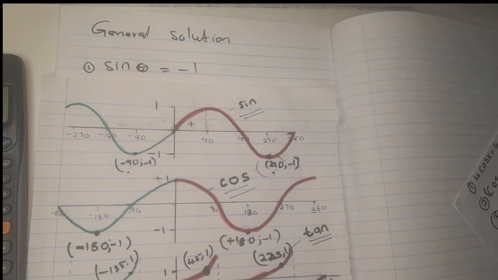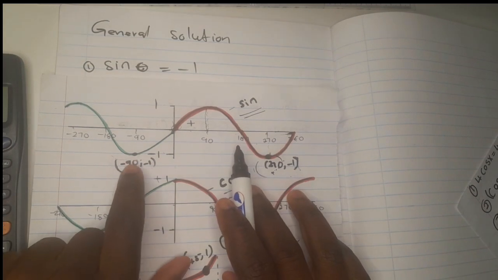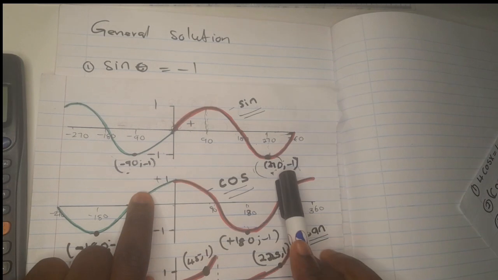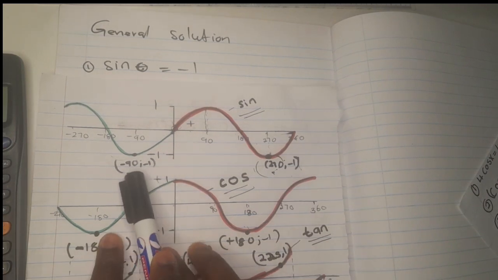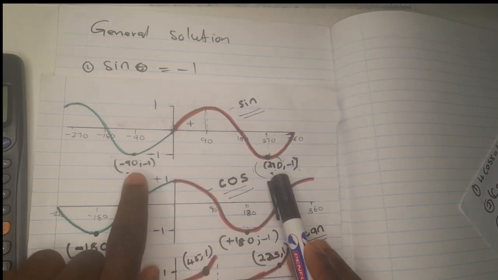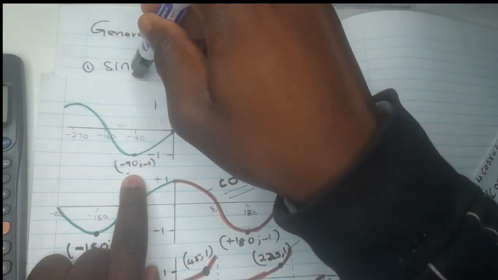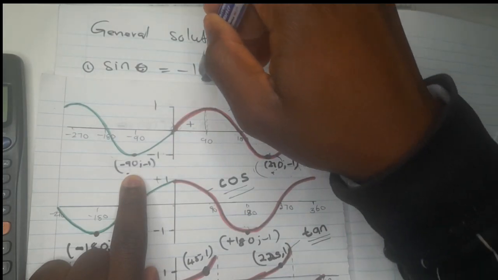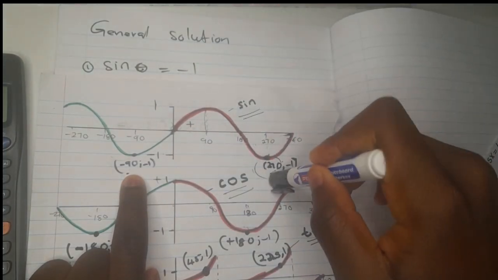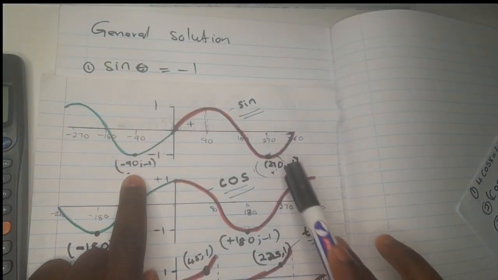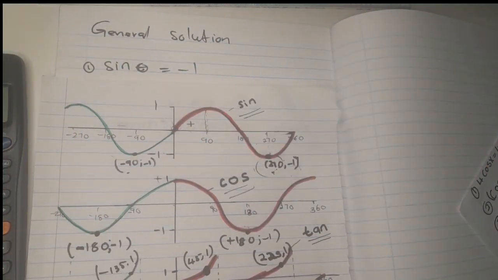As we can see from the graph, my -1 is at 270, and it is also at -90. These two values are correct, meaning if I substitute -90, I'm going to get -1. If I substitute 270, I'm still going to get -1.